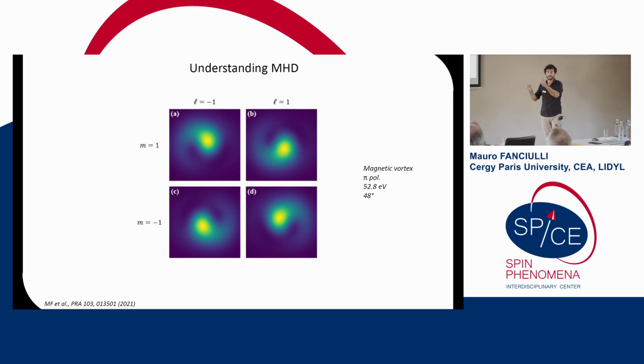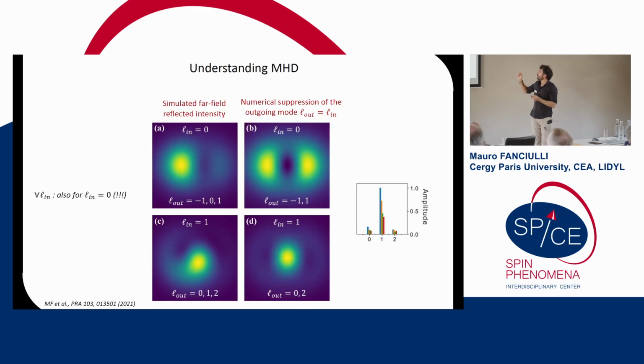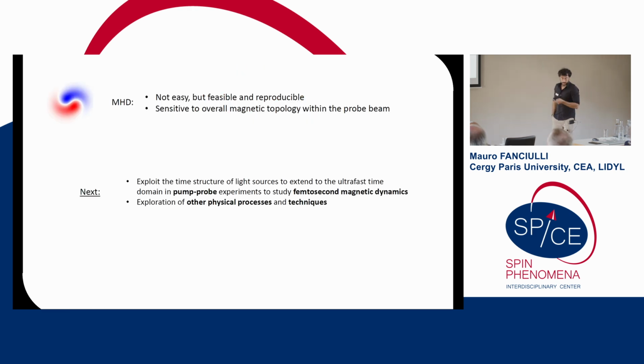That's why if you take differences, MHD in M or L, you get different images, right? And then it turns out that if you now numerically, virtually suppress the outgoing beam, the one that was put in, L out equal to L in, if you remove that, the image is symmetric.